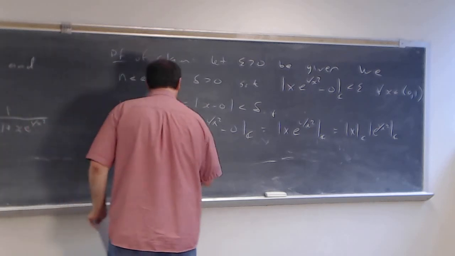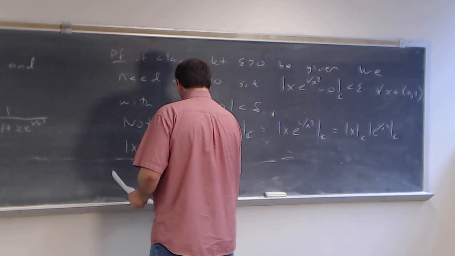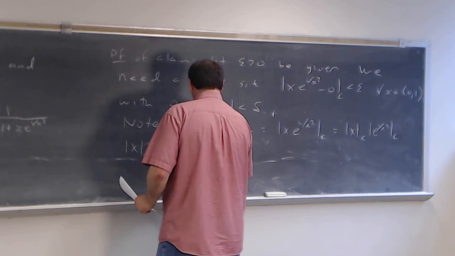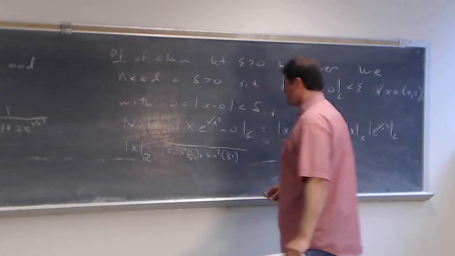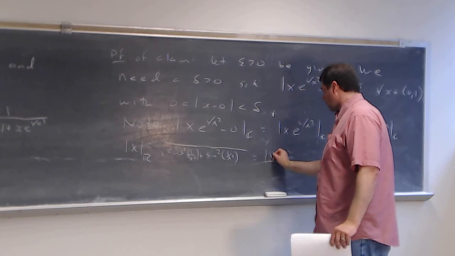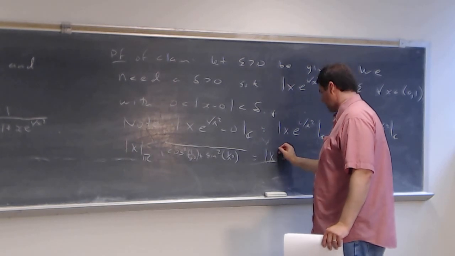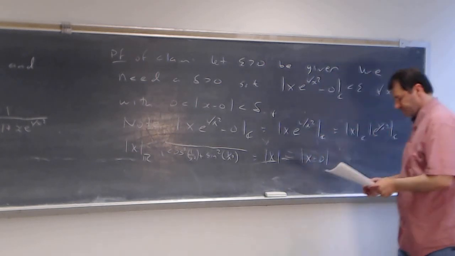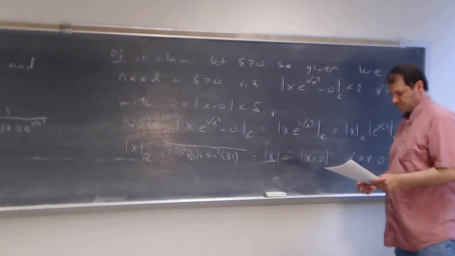And then times the square root of cosine squared of 1 over x squared plus sine squared of 1 over x squared, and this of course is equal to 1. So this is equal to the absolute value of x in the real numbers, which is equal to the norm of x minus 0 in the real numbers. And that's for all x different from 0.